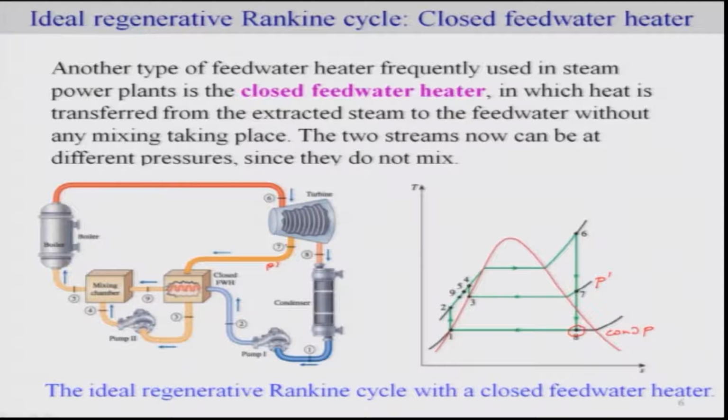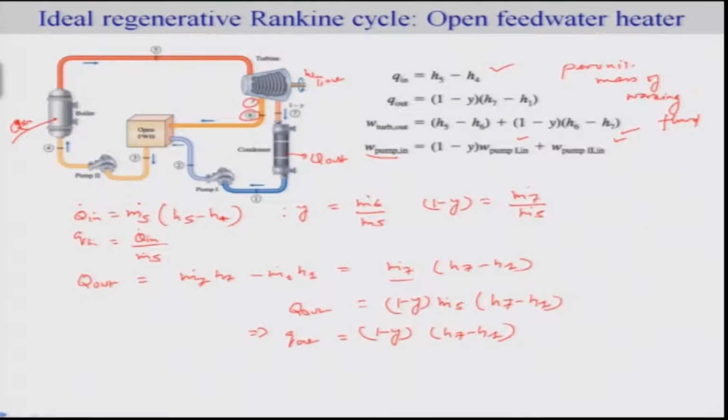Okay. And of course, 1 is at saturated liquid. Okay. So, pump 2 is used to get to this pressure, and this pressure is the same pressure as the boiler now. Okay. Note that earlier we had to make sure that the first pump outlet is at the pressure of the extracted intermediate steam. Okay. So, you can look at it again.